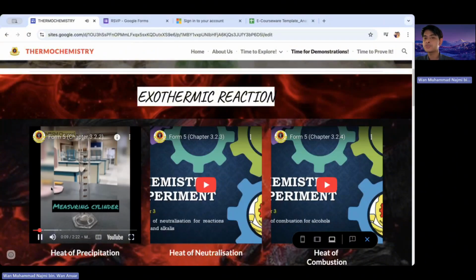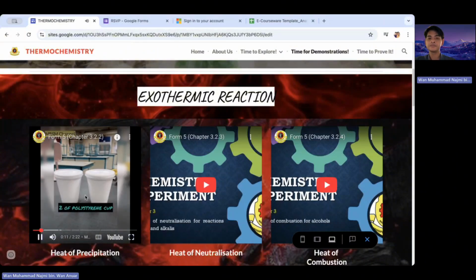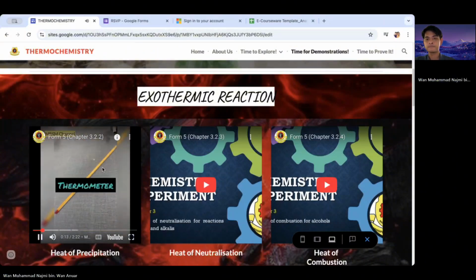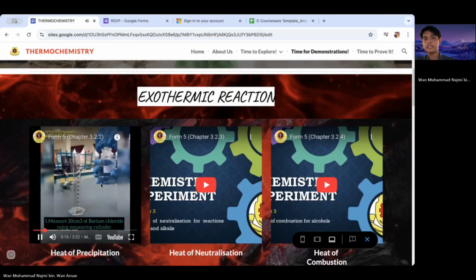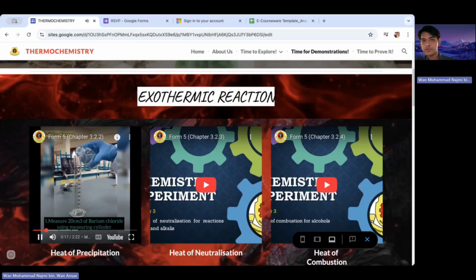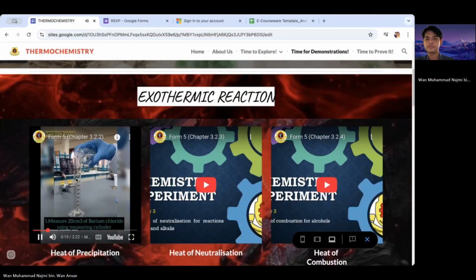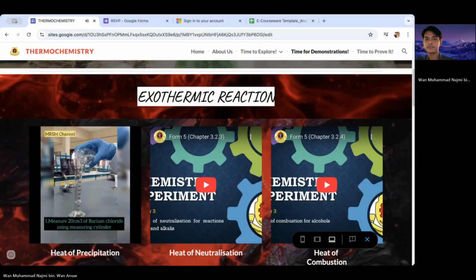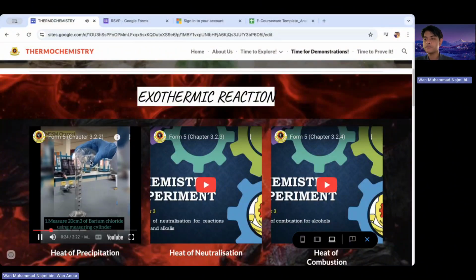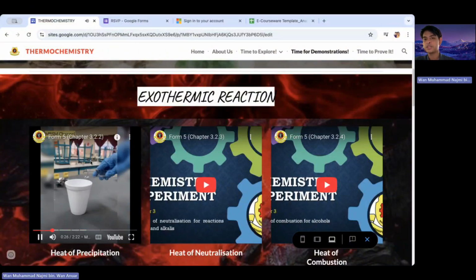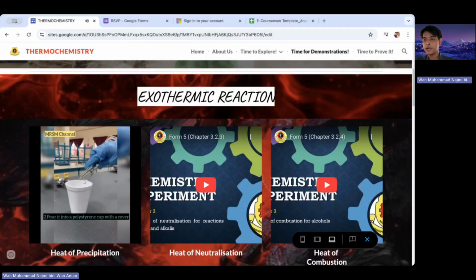Over here, they already told you about the apparatus, the materials that are used, and also all the steps that are needed in order for you to do the experiment.